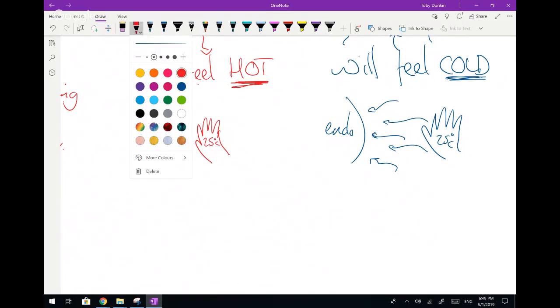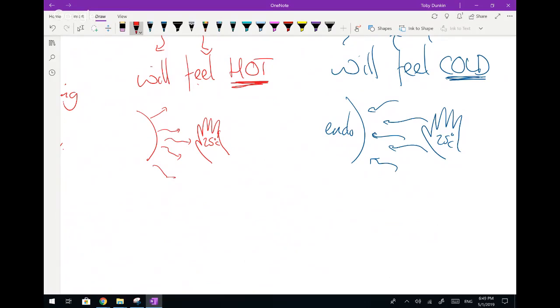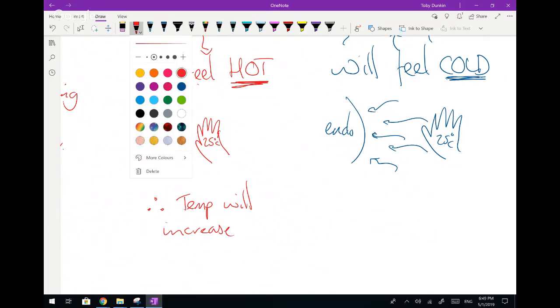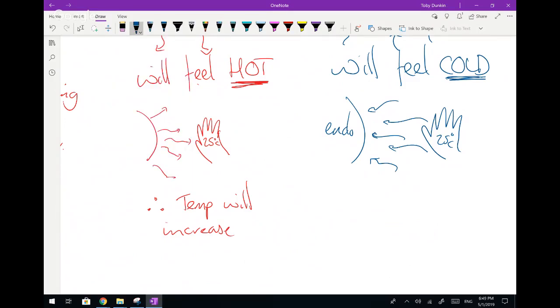So if an exo is releasing heat, it feels hot, therefore, it's always nice to do the therefore symbol, temp will increase. It's always nice to just make all those connections and make them clear and solid. And of course, an endothermic reaction will be absorbing heat. It will make you feel cold, and therefore the temperature will decrease.